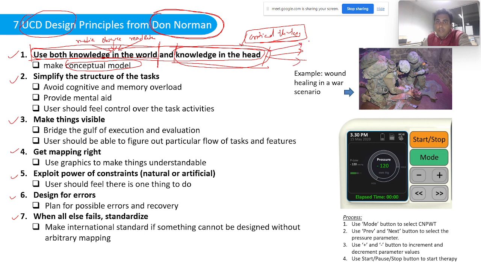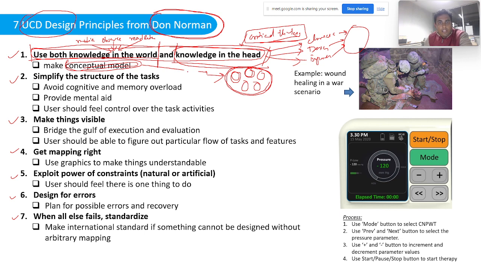In your team probably you have a clinician, a designer, an engineer. They all have their inputs, and together with the world knowledge and your critical insight you try to come up with a conceptual model for the product. The conceptual model is more like what will be the solution in the form of its key features. So this is a solution with its key features. This is the conceptual model.